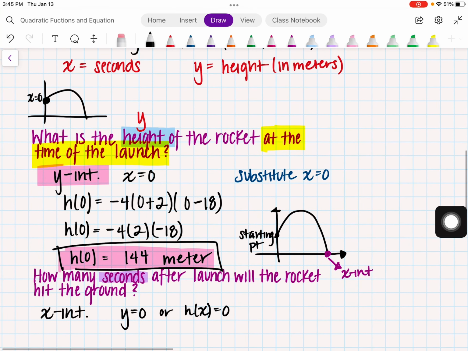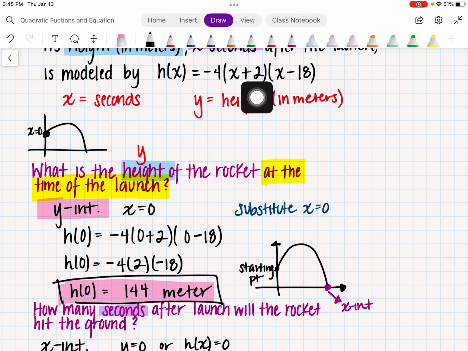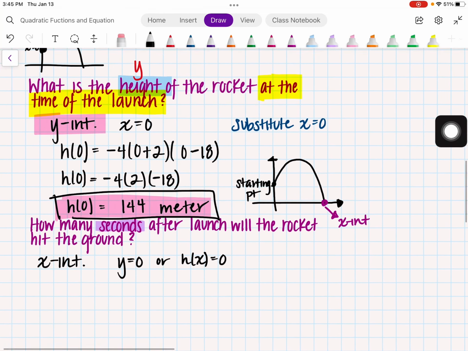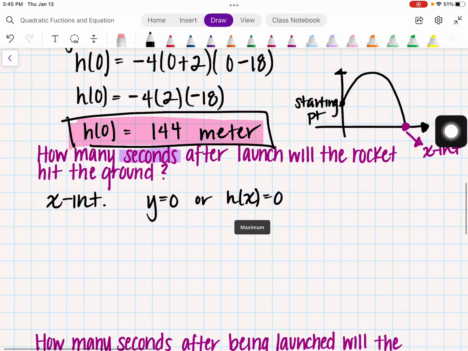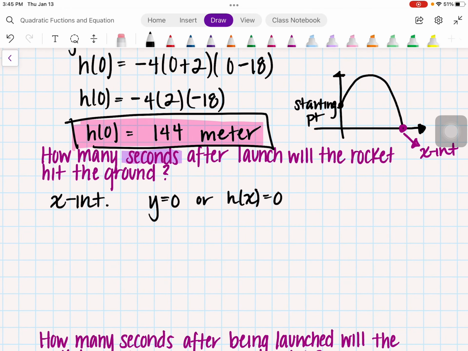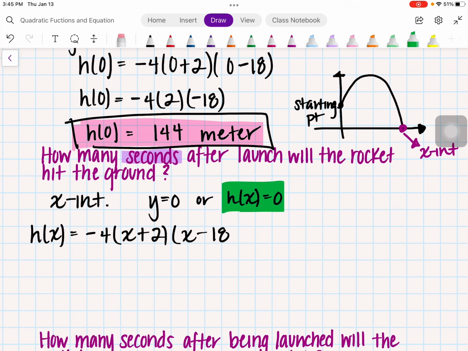So if we want to solve for our x-intercept, we have to make the binomials of the original equation equal to 0. Once again, we have h of x equal to -4 times (x plus 2) times (x minus 18). So we have to make h of x equal to 0.